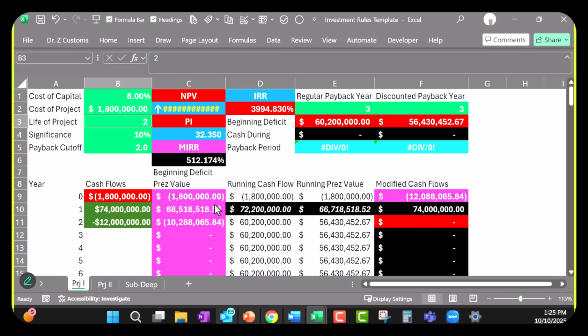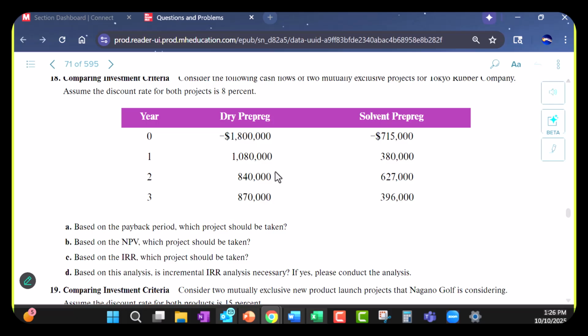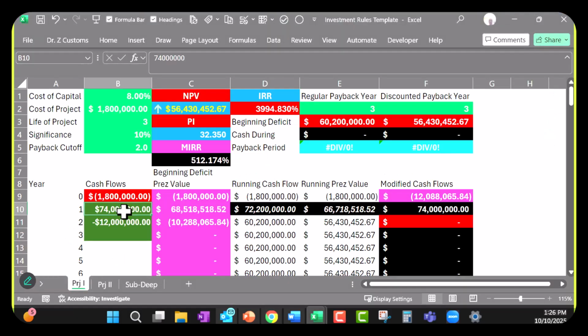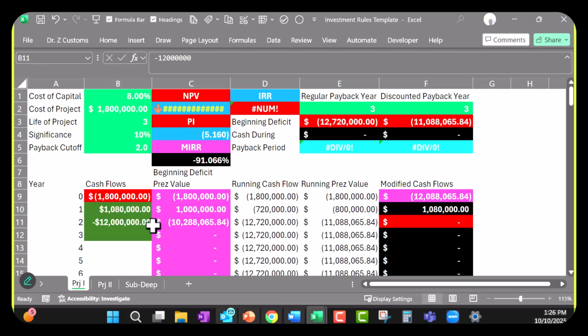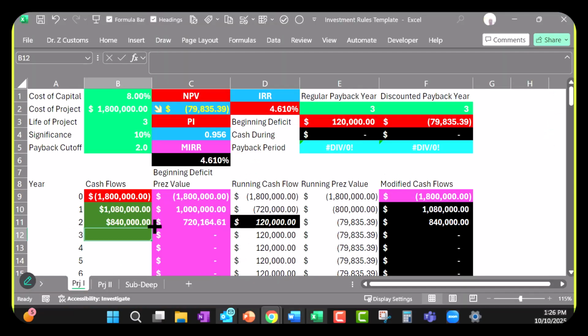The project has 3 years of cash flows after period 0. It doesn't say anything about payback cutoff. I'm just going to leave it as 2 for now. Let's enter the inputs. $840, $87.